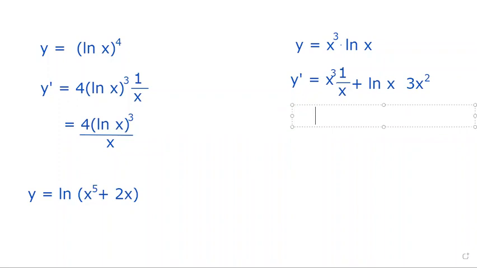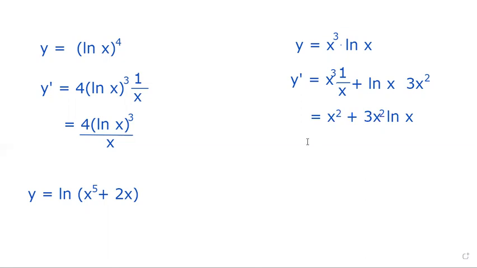So this is still y prime, now we just simplify. x cubed divided by x, that's just going to give us x squared plus 3x squared times the natural log of x. Okay, and how would we probably see this problem?